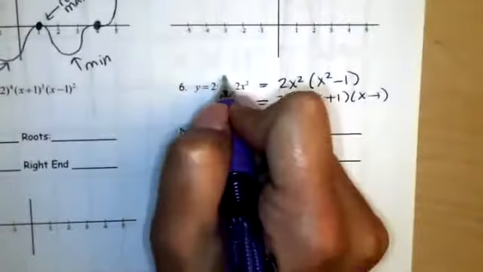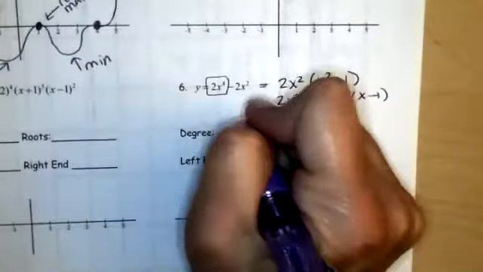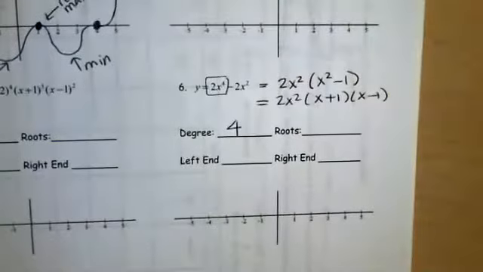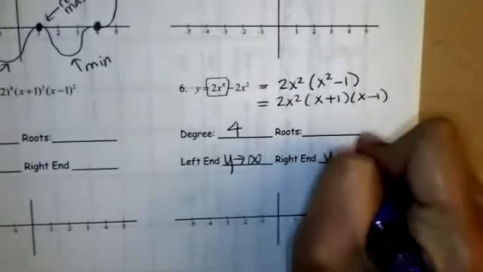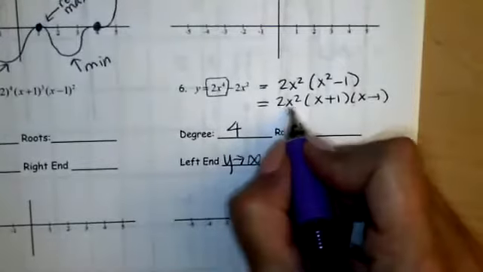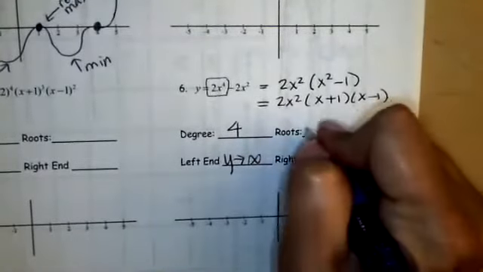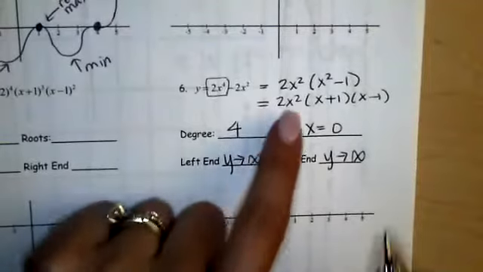That's what we can use now to pull up our information and graph. This is what I would use for the degree though, because we need that highest exponent. So in this case, the degree is 4. It is positive, so y is going to approach infinity on both sides. For our roots, this one right here would be our first root. That's the one most people miss. That's 0.